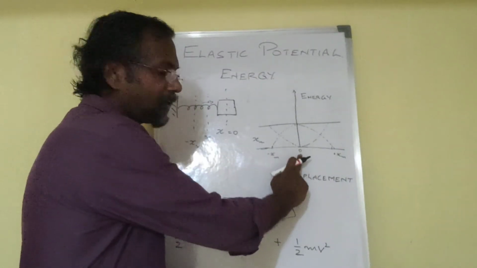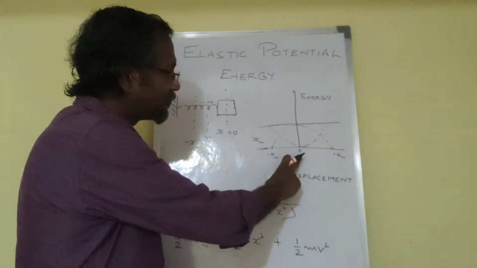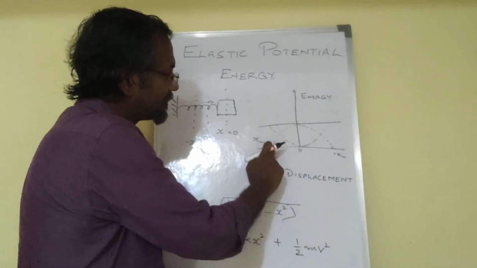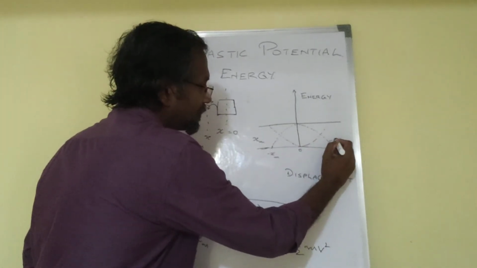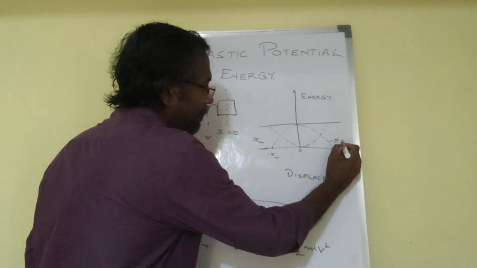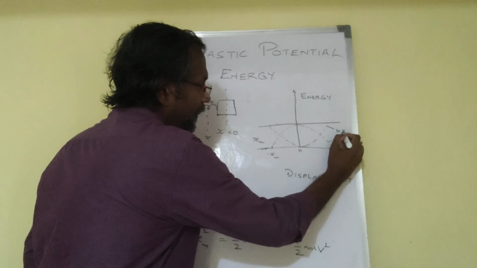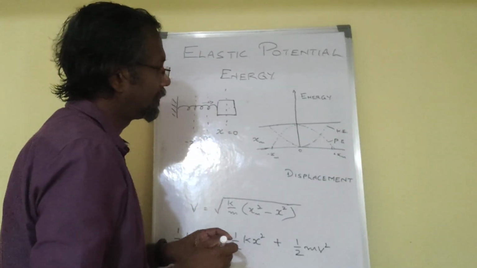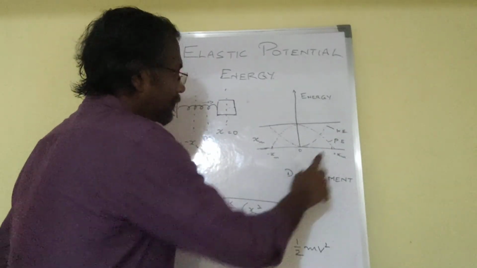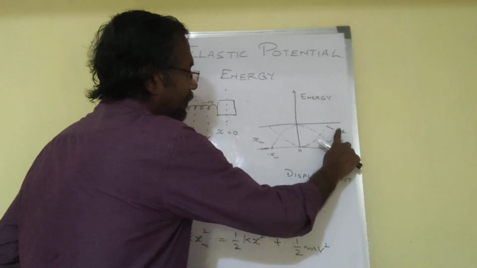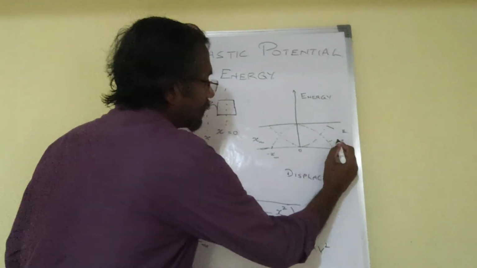So let's say at zero position, you see that potential. This line represents potential energy, and this line represents kinetic energy, right? So at the other side, it's the other way around. This is kinetic energy, and this is potential energy.